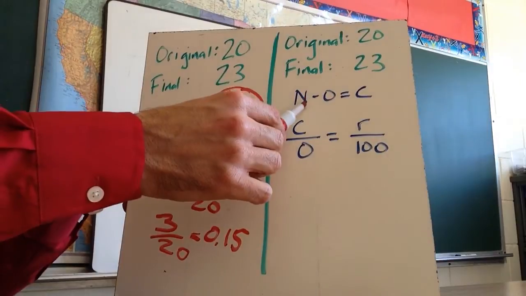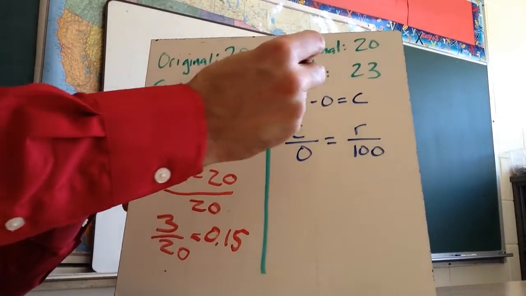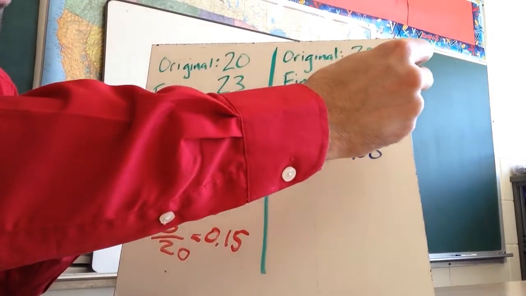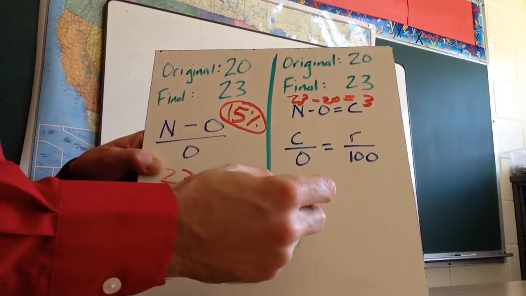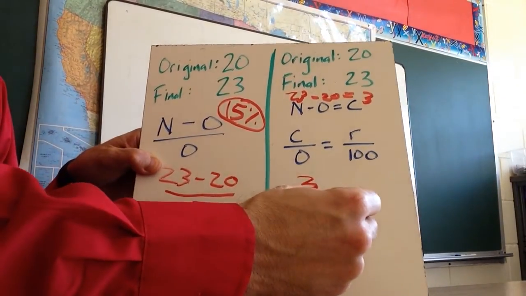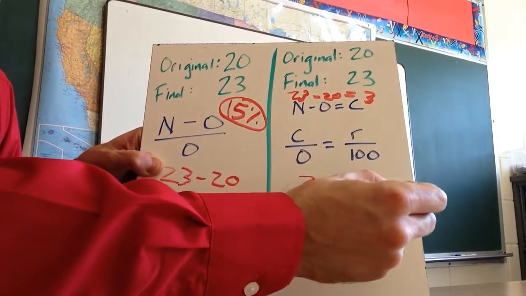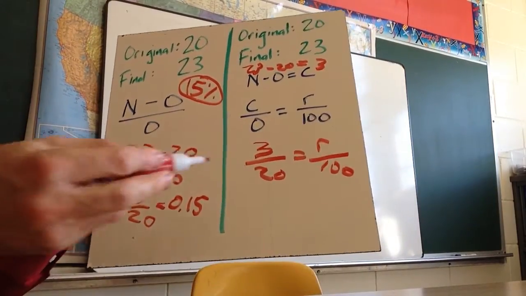The first thing I need to do is new minus original, which I did over here. So 23 minus 20 equals 3. So I know my change is 3. This is over the original, which is 20, equals the rate over 100. Now I'm just going to solve this by cross multiplying.